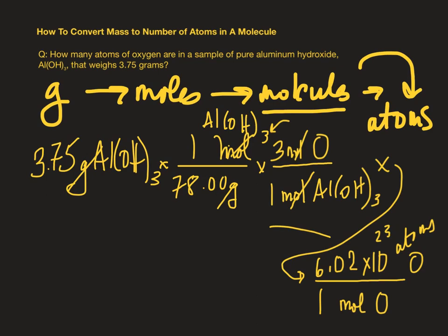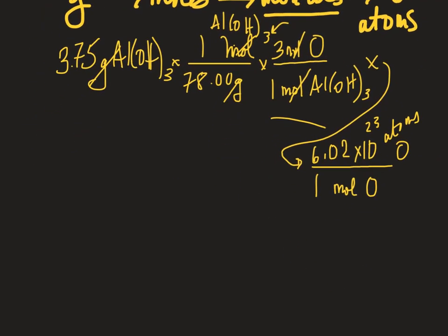And of course, if we were looking at molecules, Avogadro's number doesn't change. If we were looking at any object, anything that can be counted, there is always 6.02 times 10 to the 23rd entities in that group. Next, of course, is to just do the calculation using my calculator.